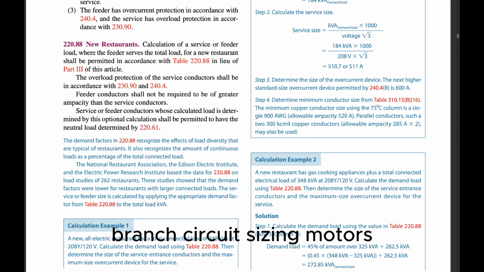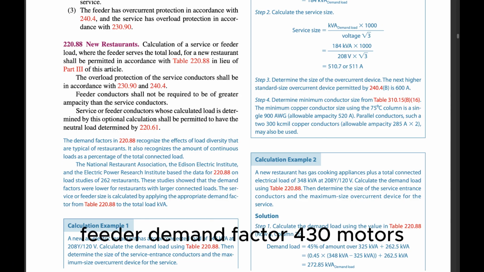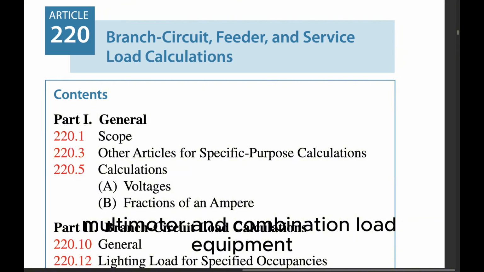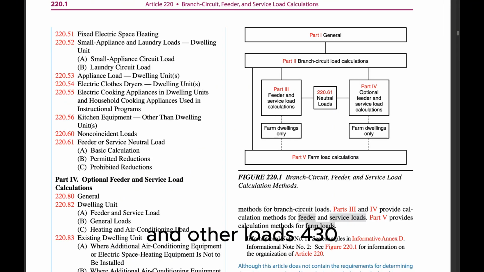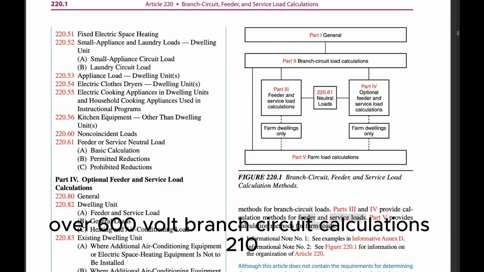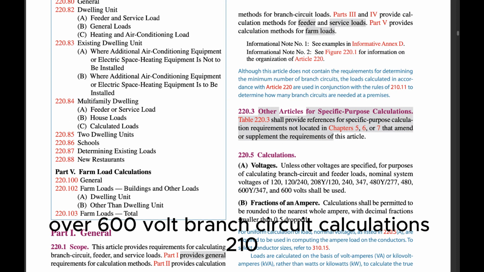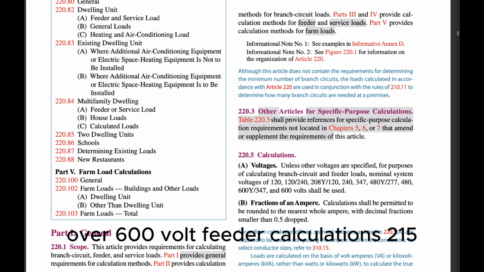Motors, feeder demand factor, 430. Motors, multimotor and combination load equipment, 430. Several motors or a motor and other loads, 430. Over 600 volt branch circuit calculations, 210. Over 600 volt feeder calculations, 215.